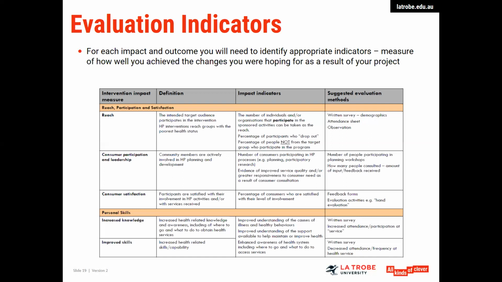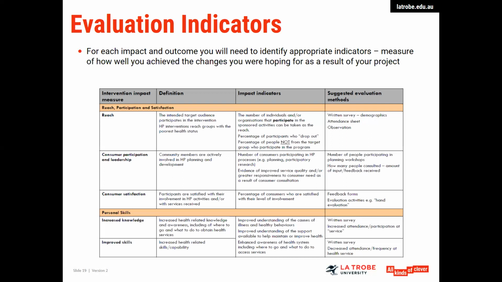So you can see that there's another example around, perhaps our intervention is around the development of personal skills, and maybe we're looking at increasing people's knowledge. So it might be, for example, increasing health-related knowledge and awareness, including of where to go and what to do to obtain particular health services.